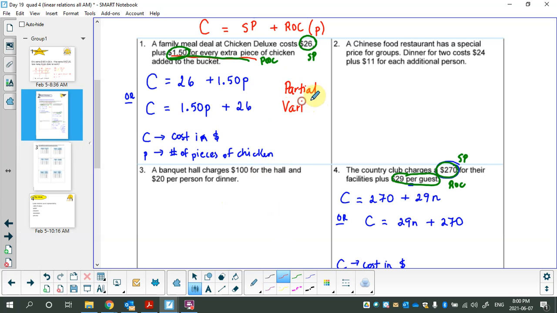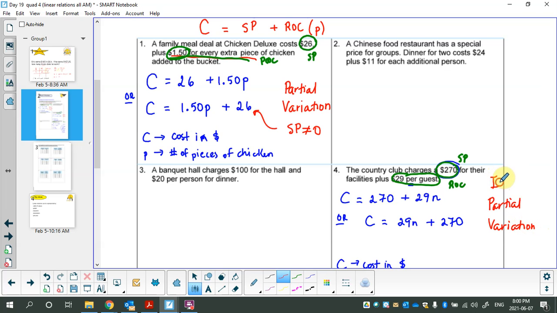of partial variation. And the reason that it's an example of partial variation is that the starting point is not equal to 0. That's the definition for partial variation. It means that this is another example of partial variation.